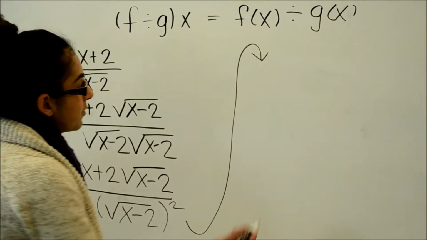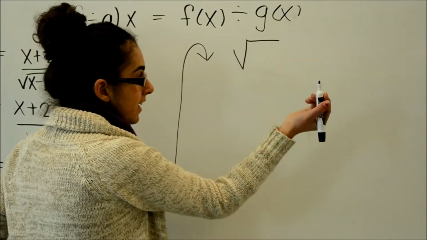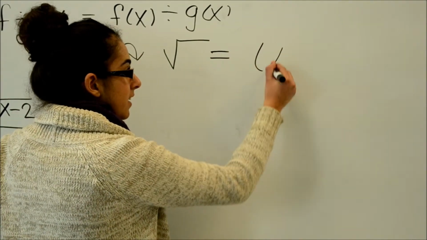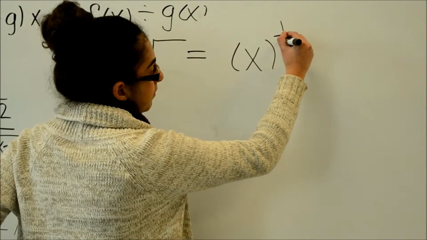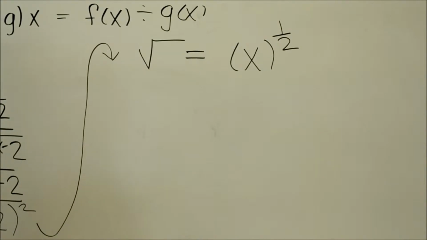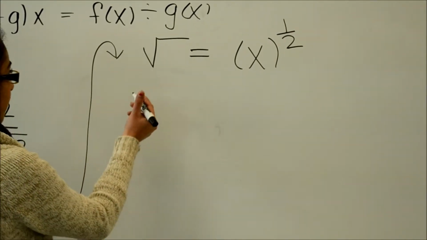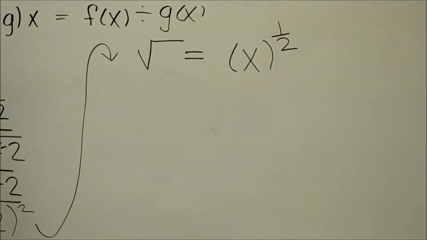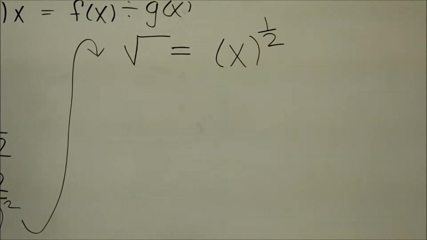So from before, we know that the square root sign is the same thing as saying x to the exponent half. So now let's change the square root sign over here to a power of a half.